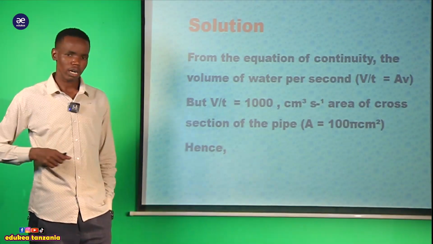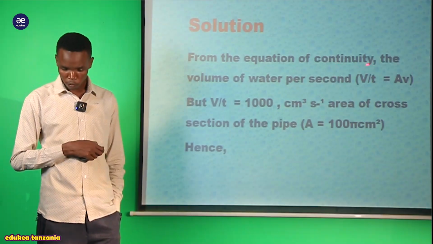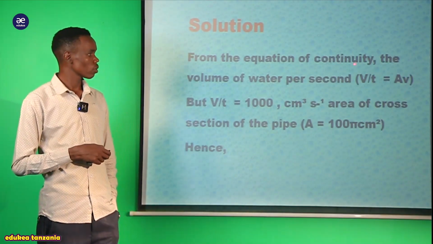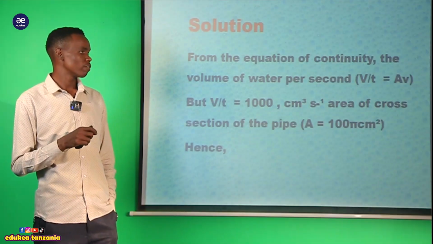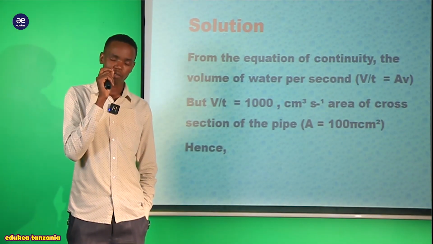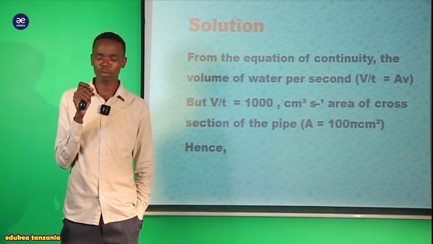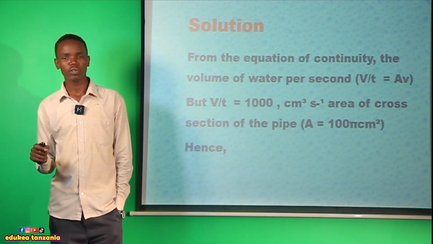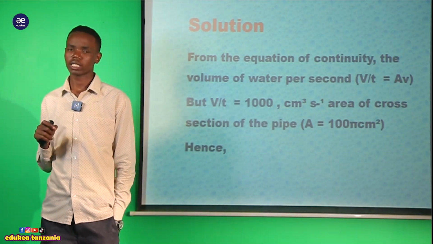So how can we solve this question? From the equation of continuity. Now let us recall the equation of continuity, which says that A1V1, the cross-section area and velocity found at one end of the pipe, must be equal to A2V2 found at the other end of the pipe.